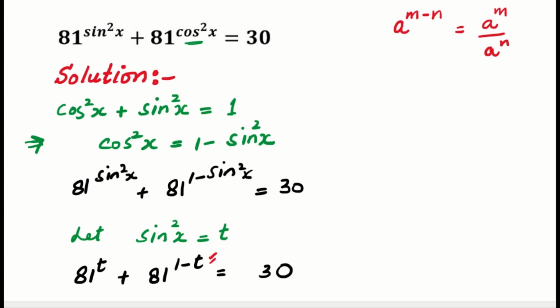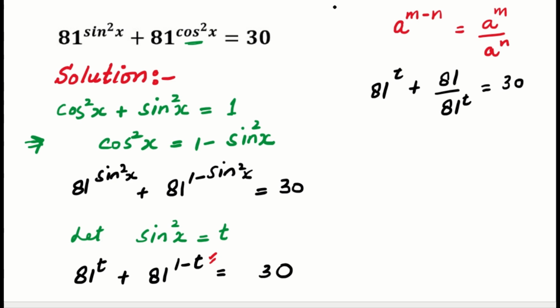So we will use this law in the given expression, and our equation will become 81 to the power t plus 81 over 81 to the power t is equal to 30.